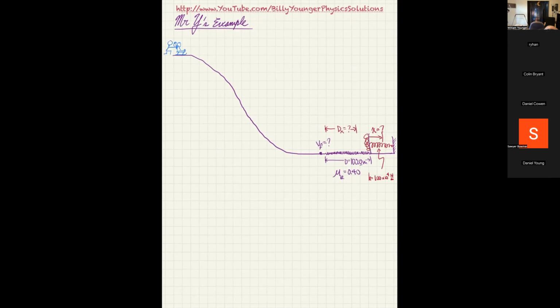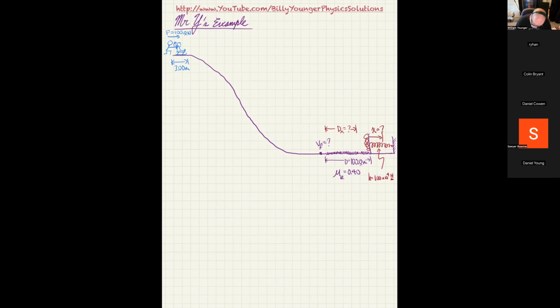And the push he's applying is a force of 100 newtons. And he's going to do it over a distance of 3.00 meters. And I'm saying the force is parallel, as is the displacement, so there's no angle between them.